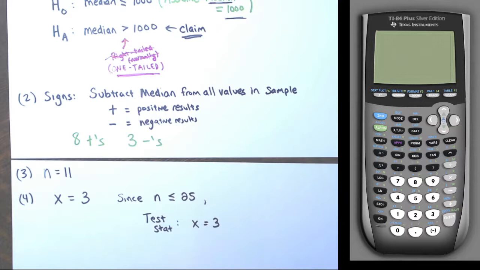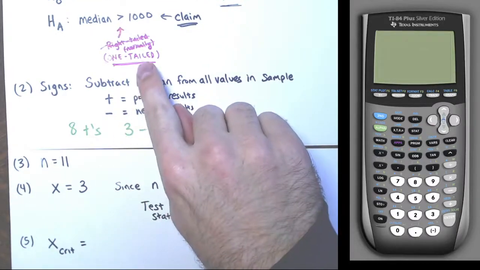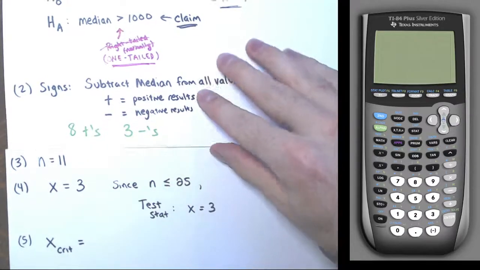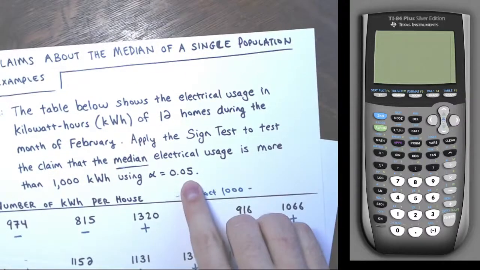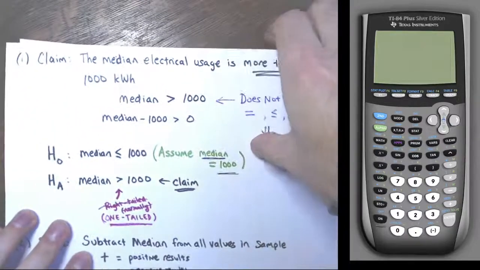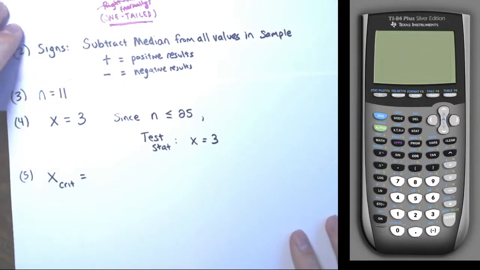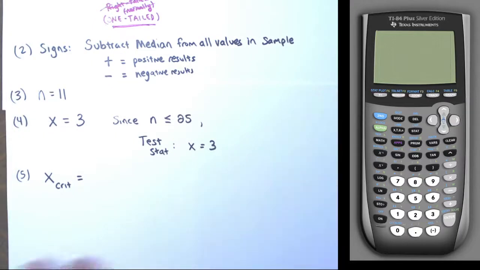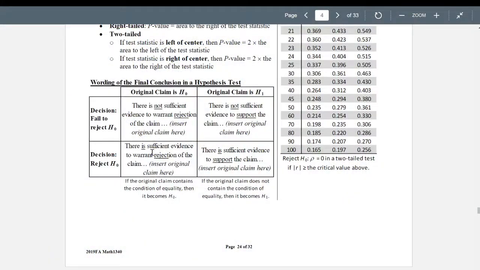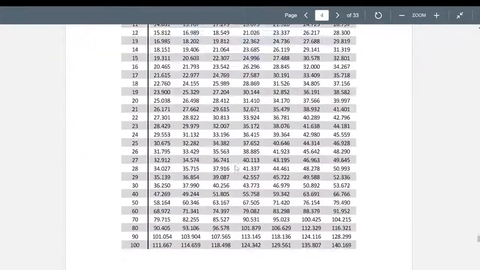Okay, wonderful. Then the critical value, let's say x crit or xc. So I go to the chart. Now don't forget it's a one-tailed test, and alpha is 0.05. So alpha is 0.05 in one tail. So I go to my chart there, back down to the critical values for the sign test.